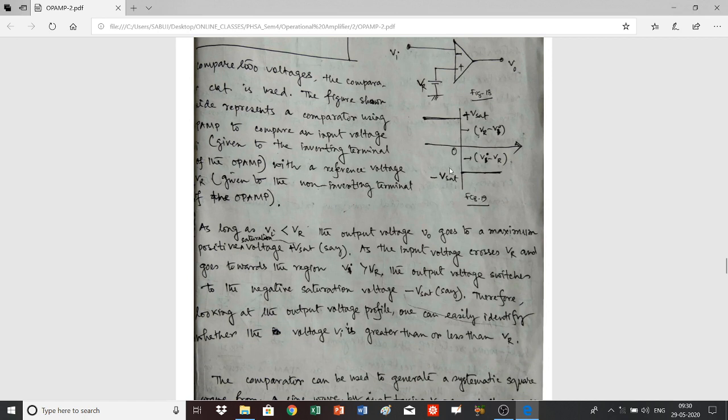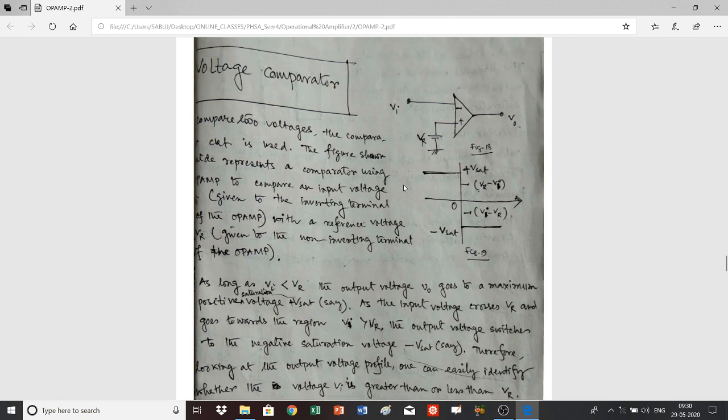Viewing this voltage profile, you can easily understand whether this voltage Vi is higher or lower than the reference voltage. When Vi is less than Vr, the output voltage is saturated to the positive saturation value, and when Vi is greater than Vr, the output voltage switches to the negative saturation value.